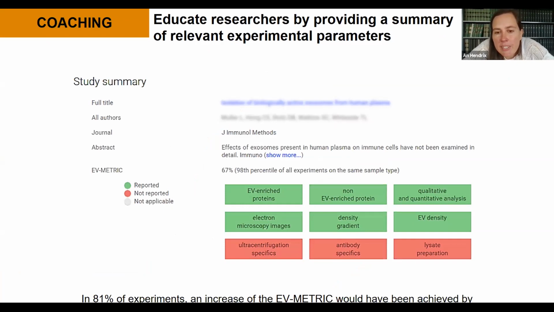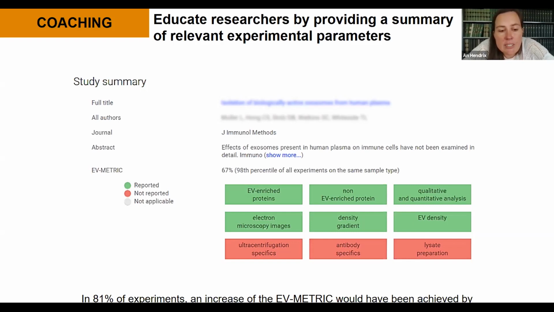But basically, if parameters have been adequately reported in the publication, they appear in green. If they have not been reported, they are indicated in red. So it very straightforwardly informs you on which parameters should also be reported in your material and method section.